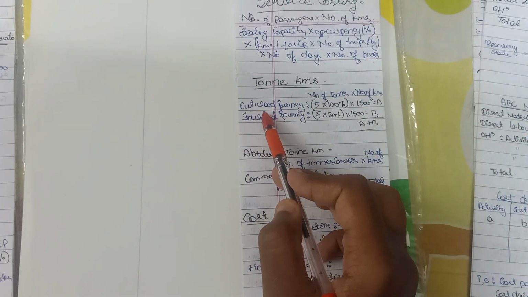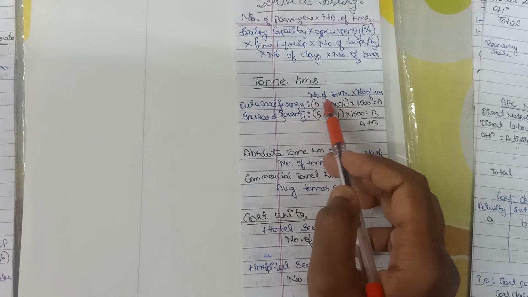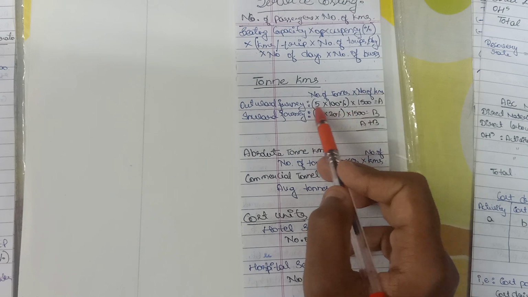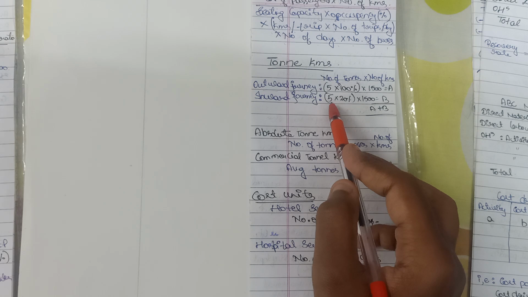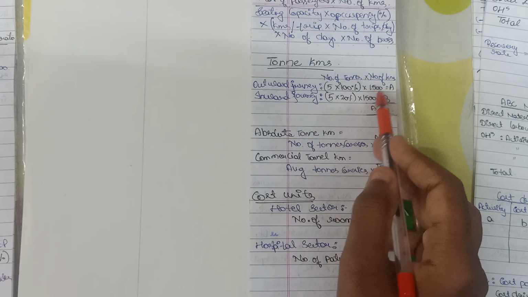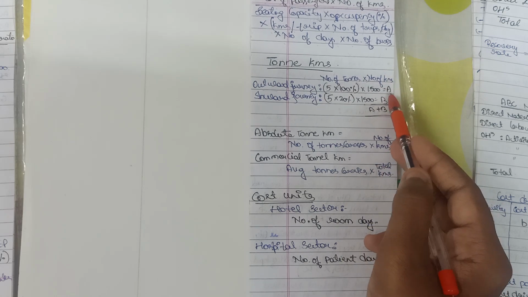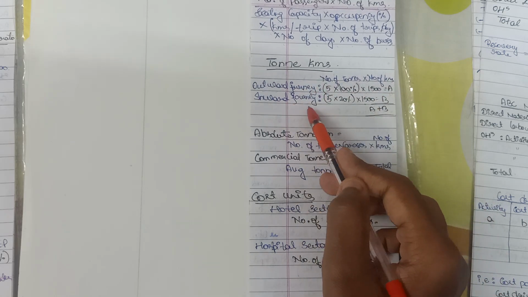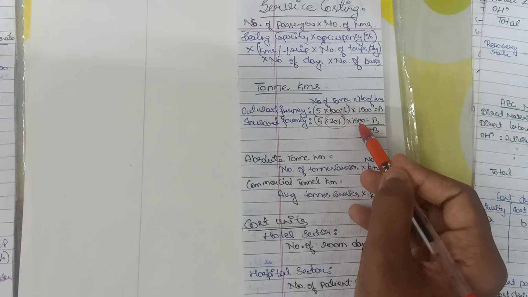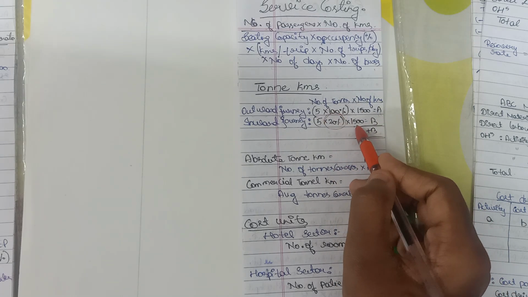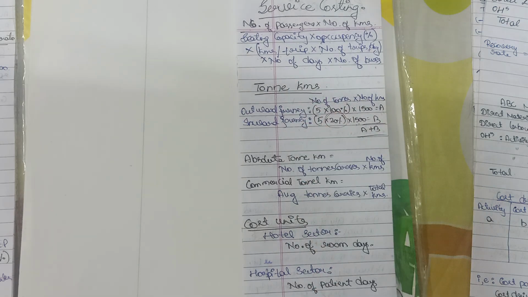Ton kilometers: outward journey, 5 into percentage, number of turns into number of kilometers, that is what we have to take. Inward journey, we have to take the same thing, number of turns into number of kilometers. In case of outward and inward, how much percentage has been included and how many kilometers it was, then we have to add it and we'll be getting ton kilometers.